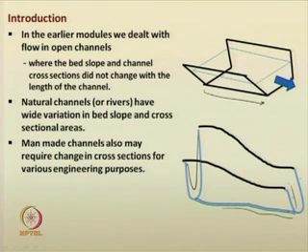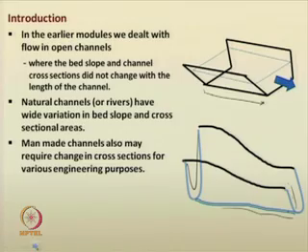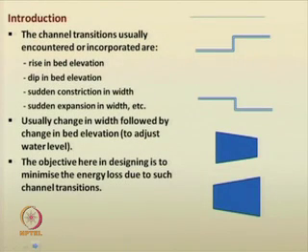Mostly in natural rivers, you will encounter such situations. So, whichever analysis we have done using the prismatic conditions may not be that useful. Although we will get a preliminary picture of the idea of discharge, it may not be the exact analysis. So, here we will see how some of the transitional features affect the flow in open channels.